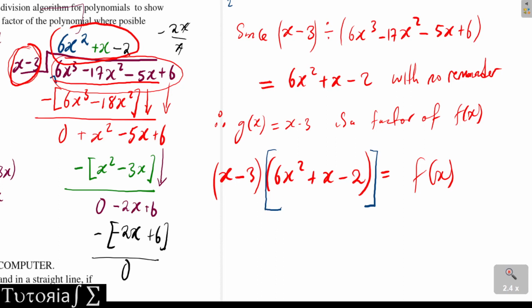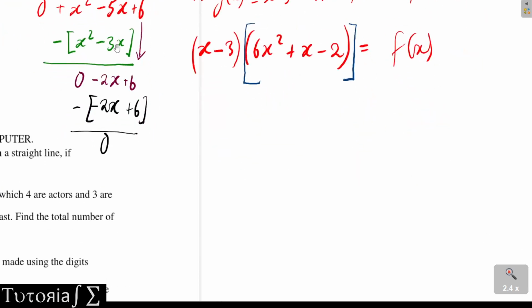So how are we going to factorize it? What we're going to do is take the quadratic expression 6x squared plus x minus 2. To find the product, we say negative 2 times the coefficient of x squared. So that is negative 12. And the sum is equal to 1.